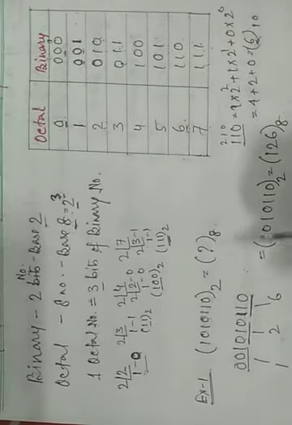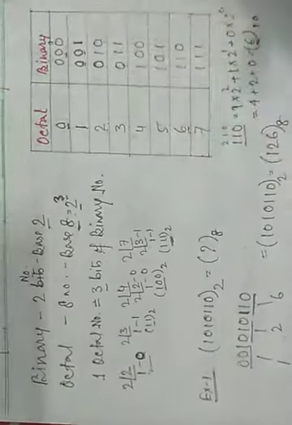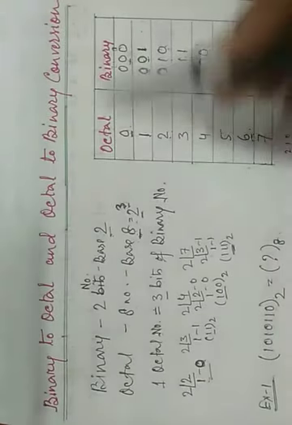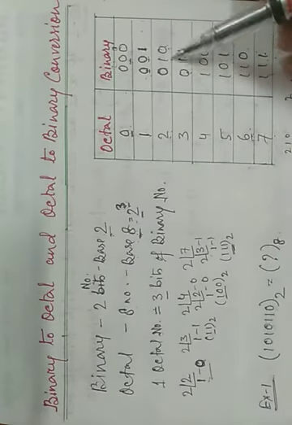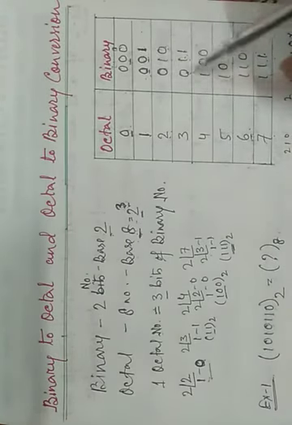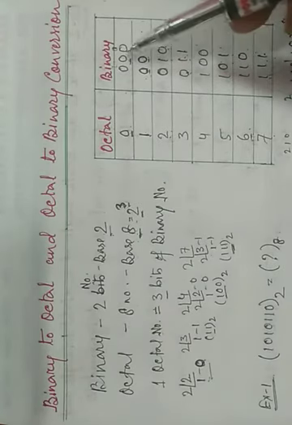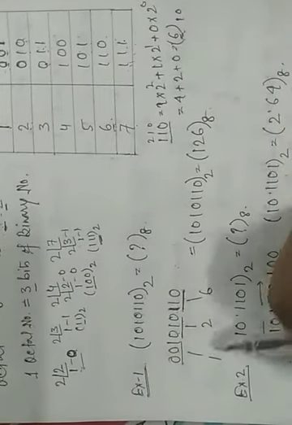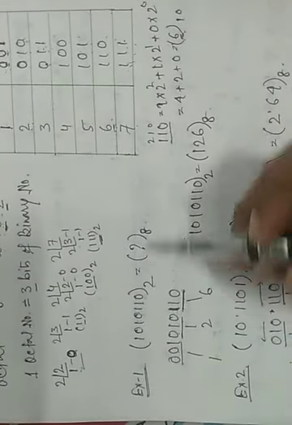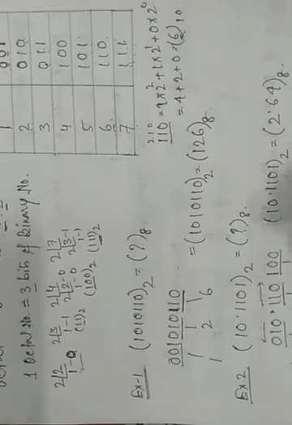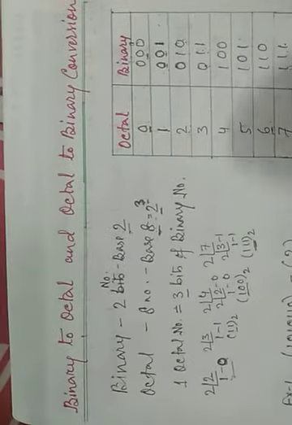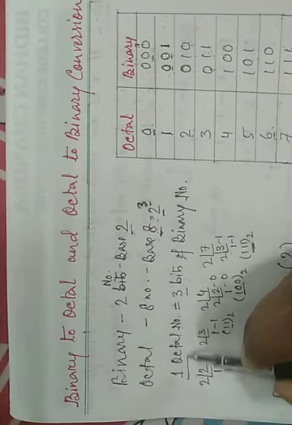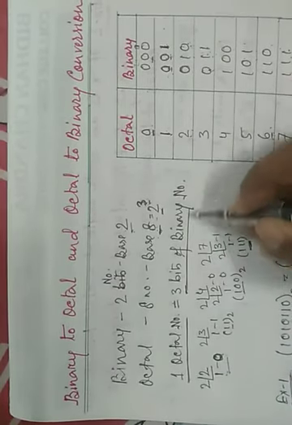So my suggestion is, if you have to convert binary to octal or octal to binary, write this table: 4 2 1, 4 2 1, 4 2 1. It takes less than a minute to write this table, and you can instantly convert from either binary to octal or from octal to binary. Always remember, one octal digit is equal to 3 bits of binary number.